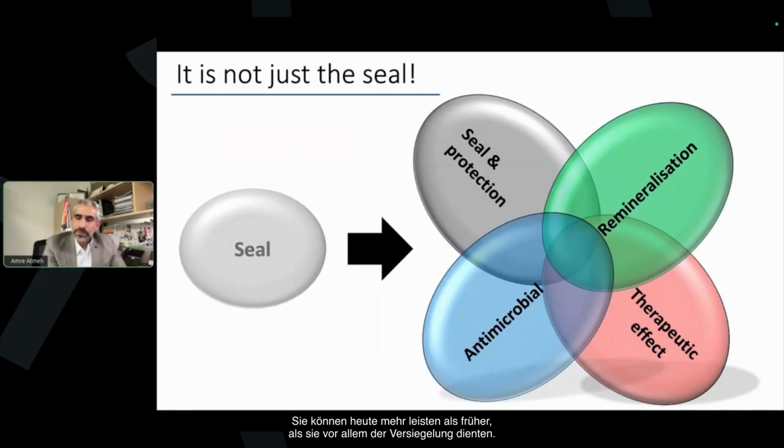So again, the function of these pulp capping materials now is more than just providing a seal. They can play more roles than they used to play as a seal.